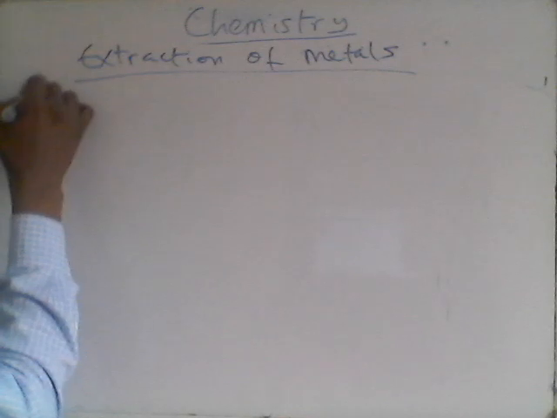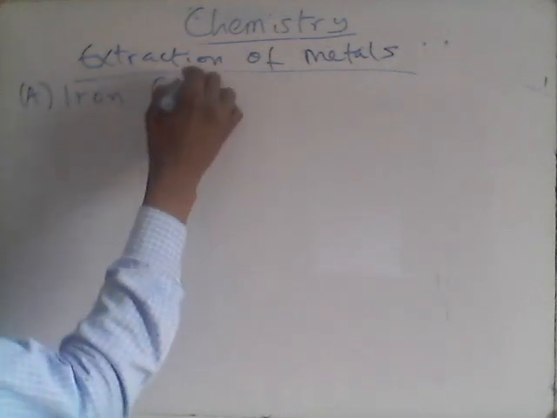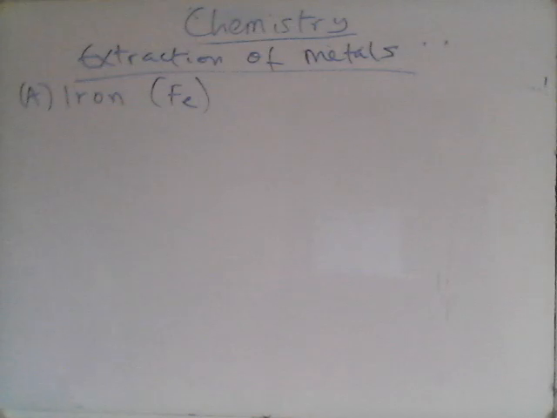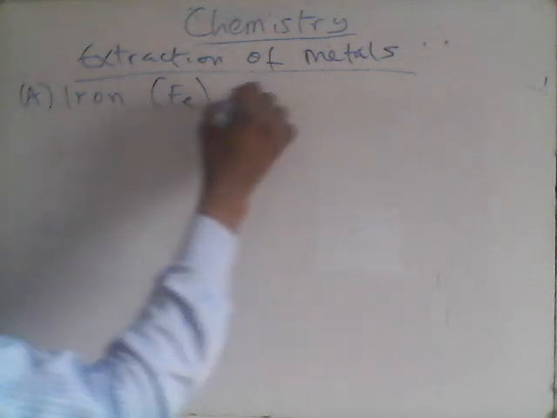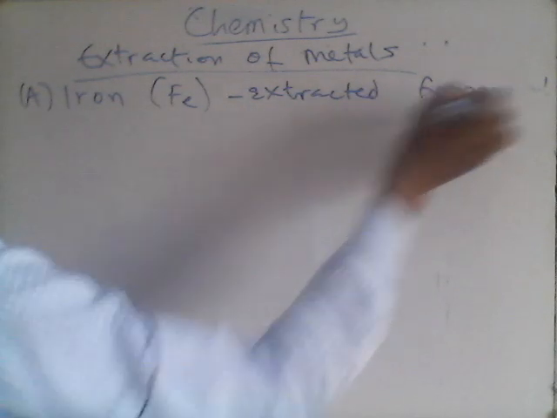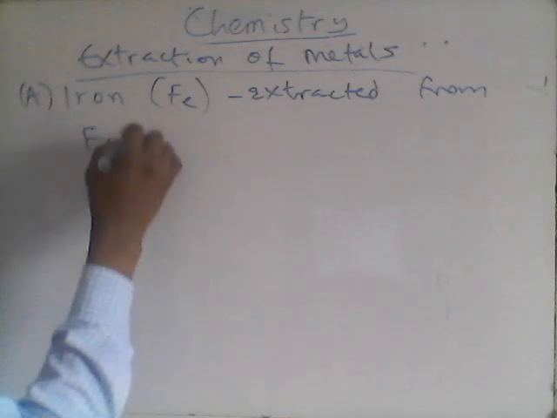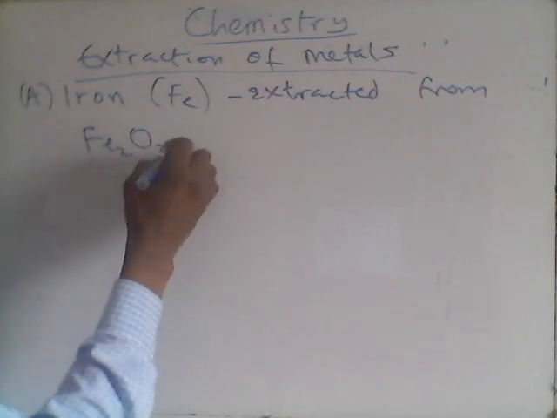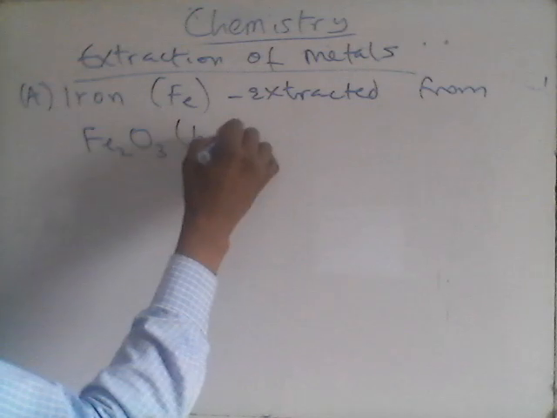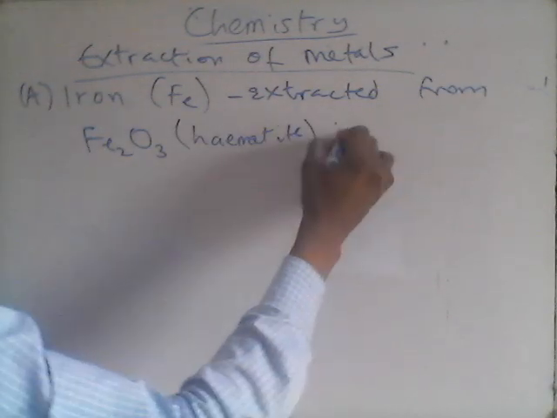Okay, so we'll just take some of the metals in question. Number one, iron. Let me write iron. The chemical formula is this. That's how we write it. So it can be extracted from this compound, iron oxide. You can call this hematite, in a blast furnace.